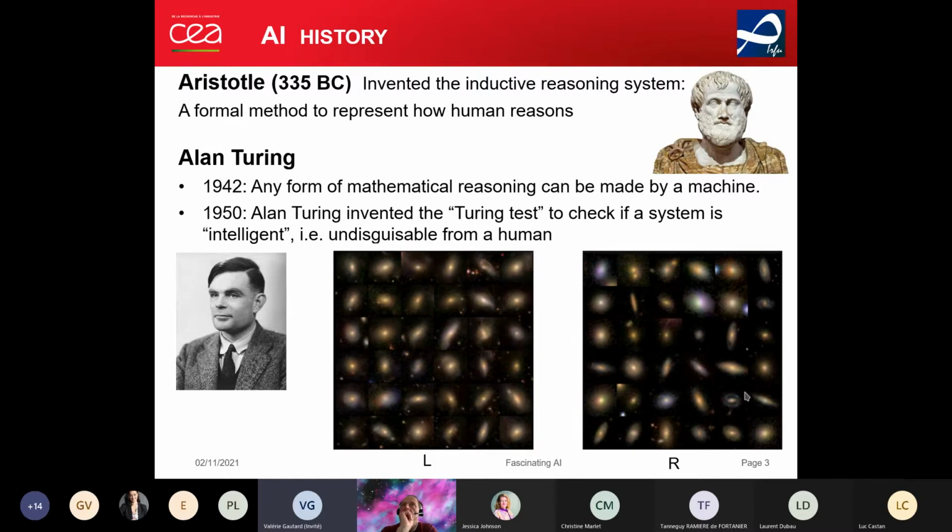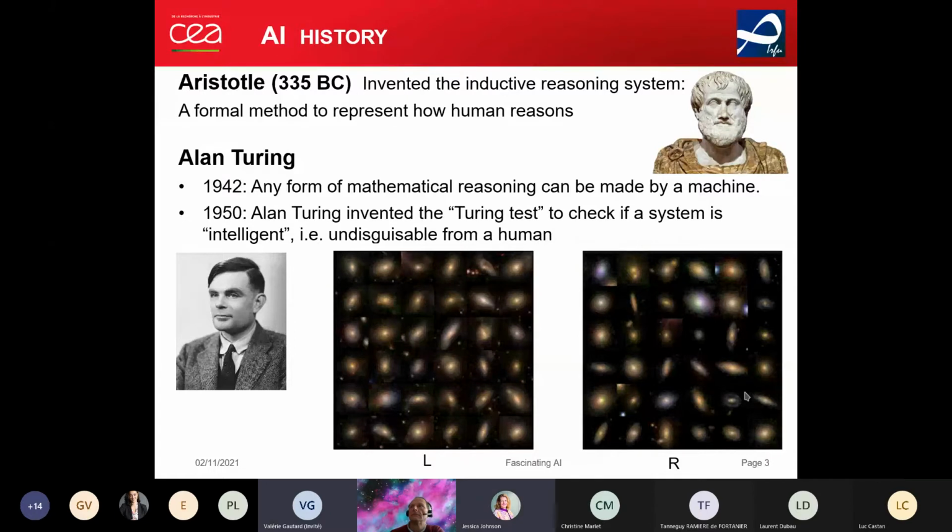A system is declared as being intelligent according to Turing if a human cannot distinguish if it comes from a machine or not. Let's take the example with two pictures of different sets of galaxies. In your opinion, which one is the picture of a real galaxy? Which one is a picture from AI?